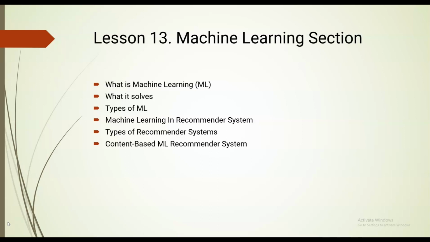Then we will talk about types of machine learning, role of machine learning in recommender system. After that, we will also talk about types of recommender systems. And finally, we will get to content-based machine learning recommender system.